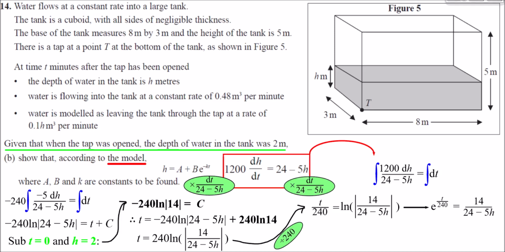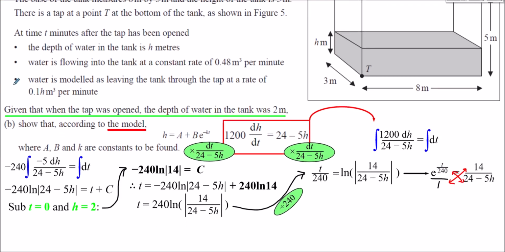At this stage, I'm going to bail and actually write down manually because there's not enough space to squeeze it on. If I tried to, it'd just make it counterproductive. So if I think of this e to the power t over 240 as a fraction in its own right, I can now solve this by cross-multiplying. So I can do 14 times 1 and say that's equal to 24 minus 5h times e to the power t over 240.